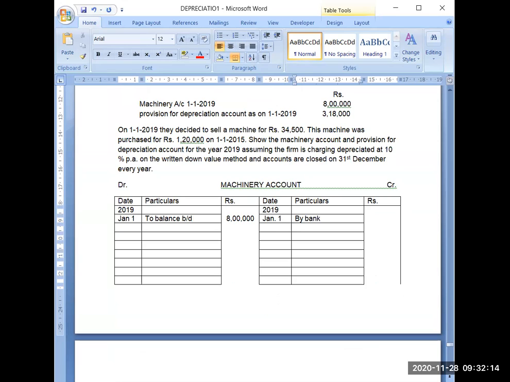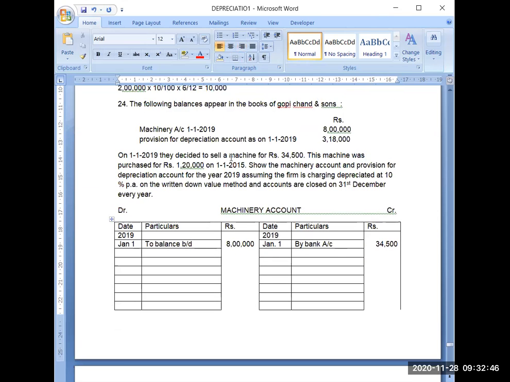By bank account, the machinery has been sold for 34,500. Now the machine was purchased for rupees 1,20,000 on 1/1/2015. So the cost price of that machine is given, and you purchased it on 1 January 2015.